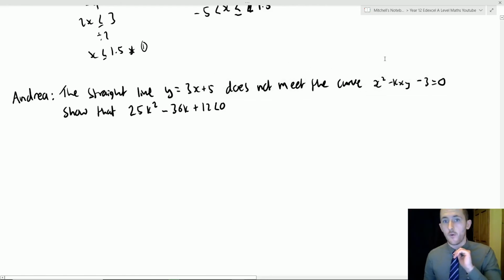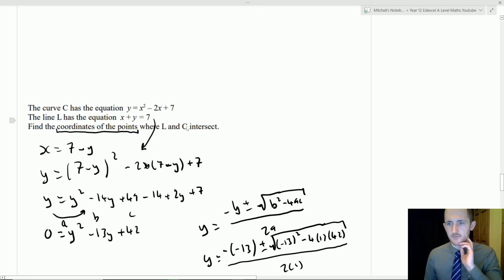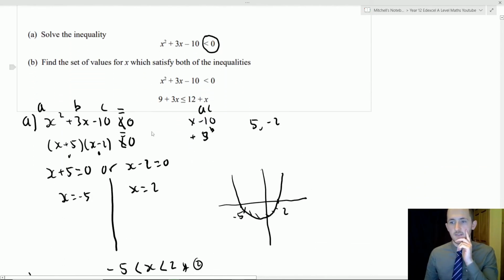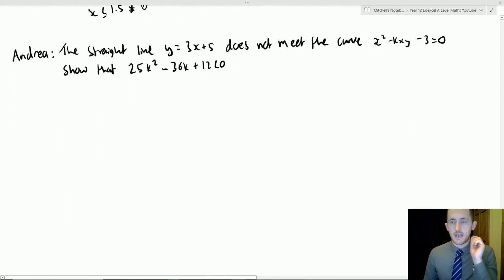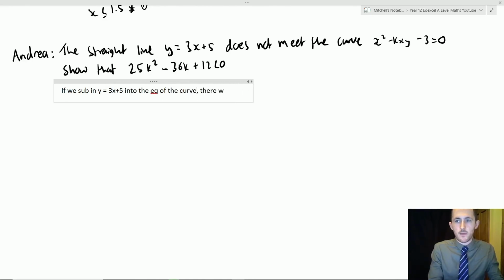Now, I told you before that if it says that they meet or intersect, it means we can equate those two equations and substitute it in. Now, if it does not meet, it means that they're not equal. Which means if we sub y equals 3x plus 5 into the equation of the curve, there will be no solutions.